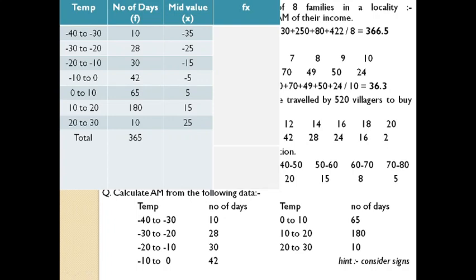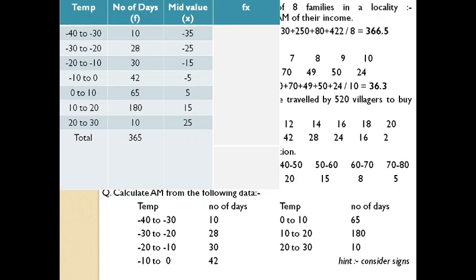Remember to consider the signs, because it was based on a real event. Real means actual happening of an event during day-to-day life. The signs have to be considered accordingly. So you have taken the mid values of each class.